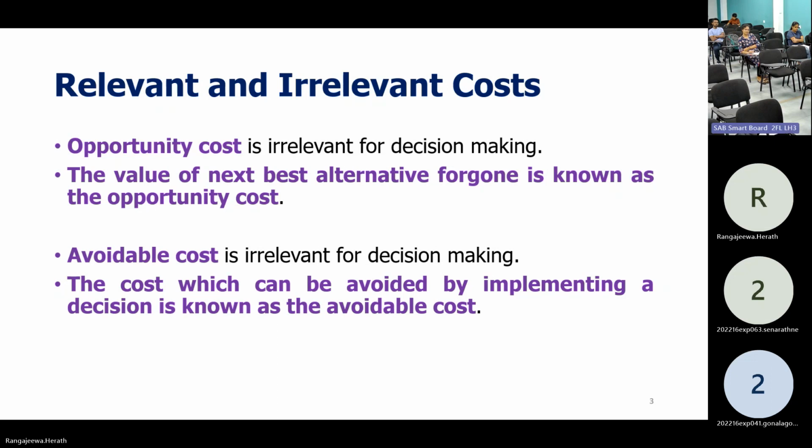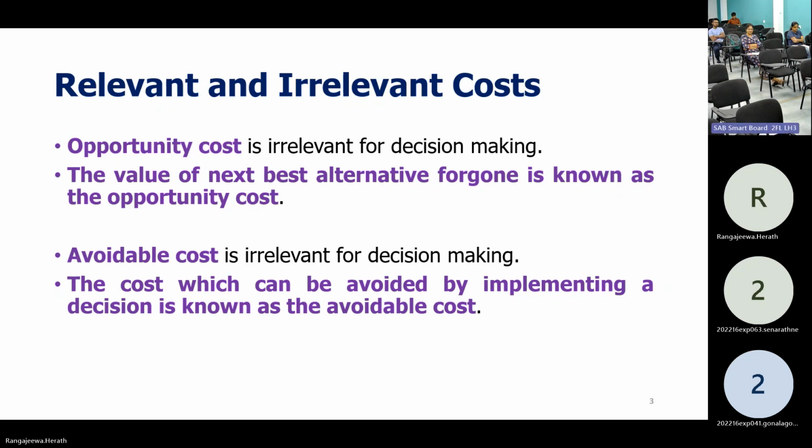So when you are taking the decision to process and sell for 180, what costs do you take into consideration? Now you are willing to sell it for 180, right? 180 would be the relevant revenue. What are the relevant costs here? The 160 current market price becomes the opportunity cost, right?